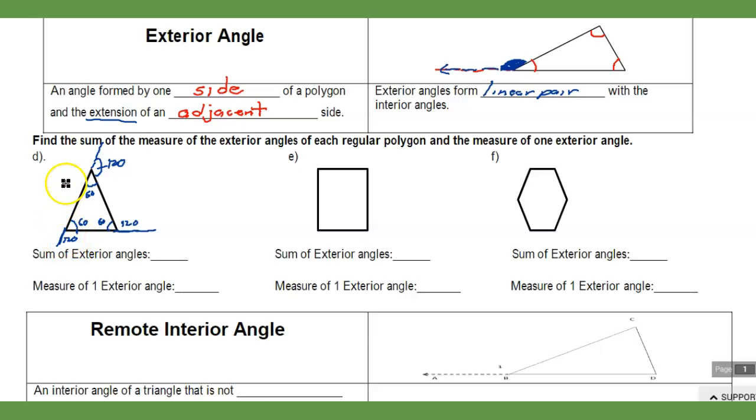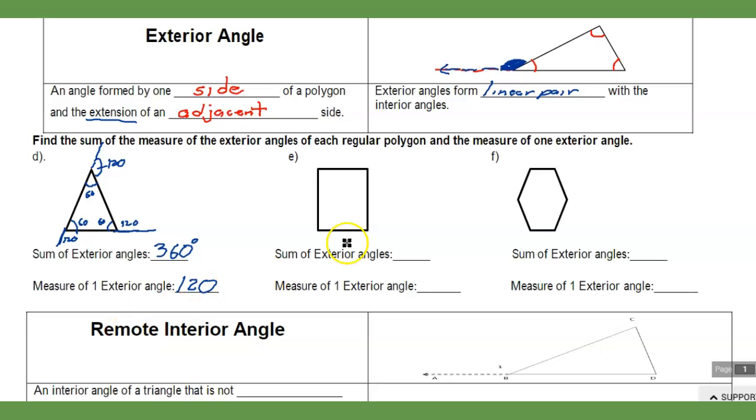So if we add up all the exterior angles, 120, 120, and 120, that gives us 360 degrees. Okay, which is quite interesting because the interiors are 180 degrees, but the exterior angles come out to be 360, which means, of course, each exterior angle is just 120.